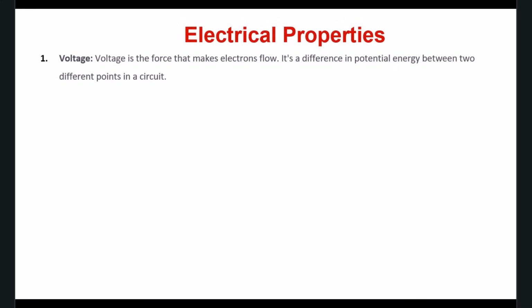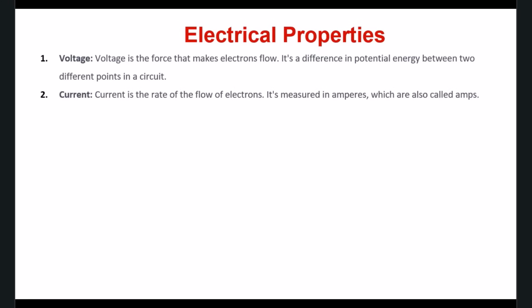Voltage is actually a force that makes electrons flow in the circuit. It's a difference in potential energy between two different points in a circuit. When we talk about the voltage, you can understand that the voltage is the potential difference between two terminals.